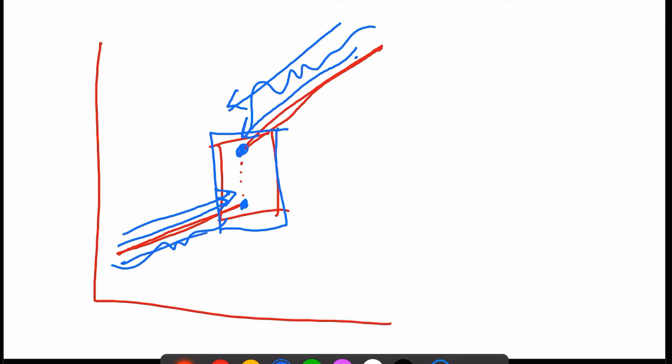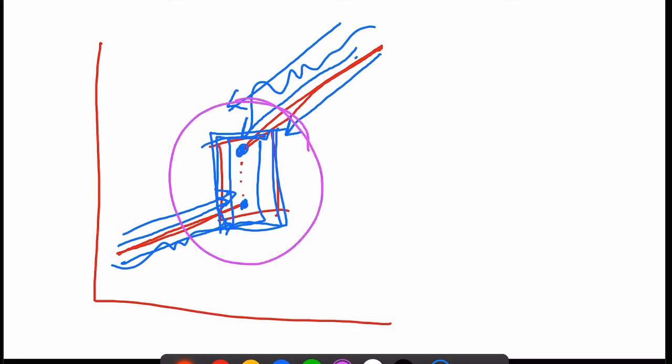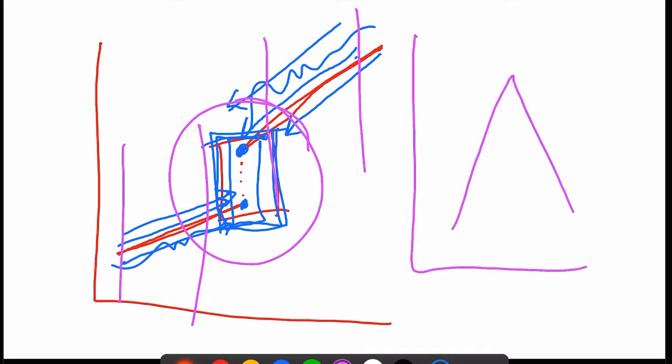If this is the function I have to deal with, I really am not going to be able to do derivatives, do limits on this because I have this discontinuity in the middle. I could take this piece of it, or I could take this piece of it, but I can't do the whole function, right?